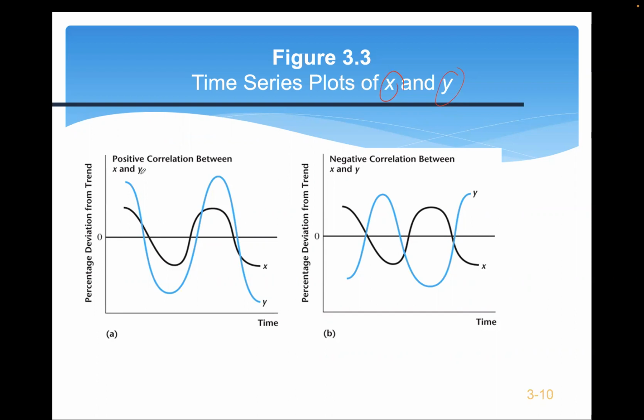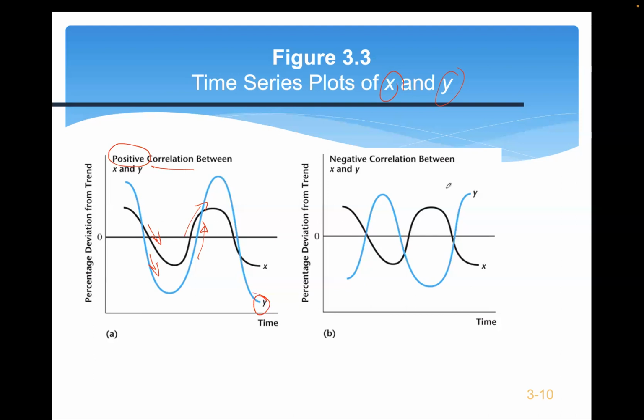First is that X and Y are positively correlated. What does this mean? It means if Y falls, look at here, this is Y, if Y falls or declines, X follows suit. If Y increases, X is going to increase as well. So they move in the same direction, more or less. They are tracking with each other.